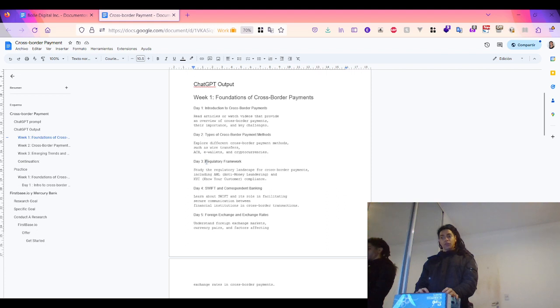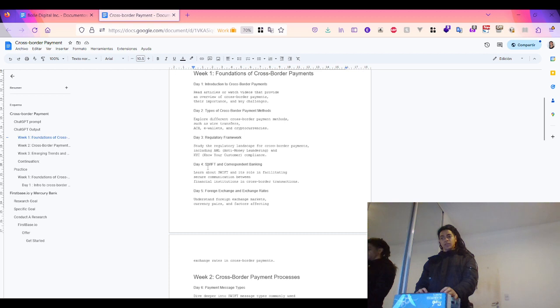Day three, regulatory framework. Study the regulatory landscape for cross-border payment, including AML, anti-money laundering, and KYC, know your customer compliance. Day four, SWIFT and correspondent banking.